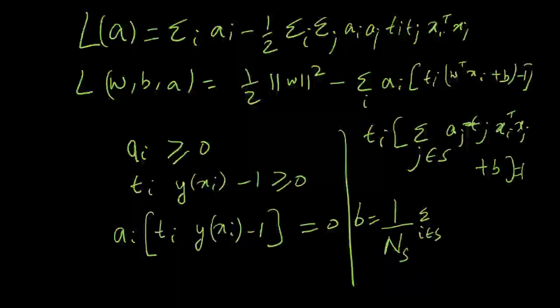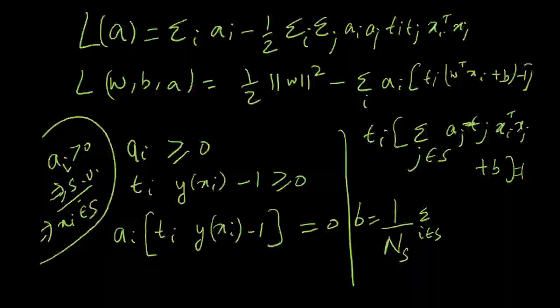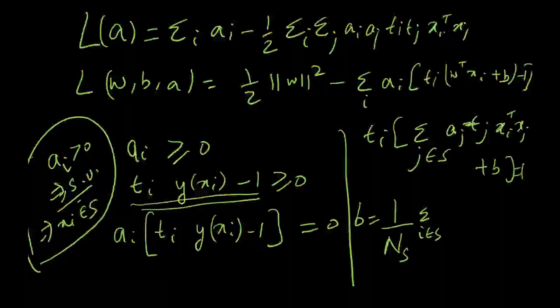So what is the set of support vectors? a_i greater than 0 implies support vector, that means the training point x_i belongs to the set S. And for those points, this will turn out to be exactly equal to 0, not greater than 0. It will be equal to 0 because it is on the margin.